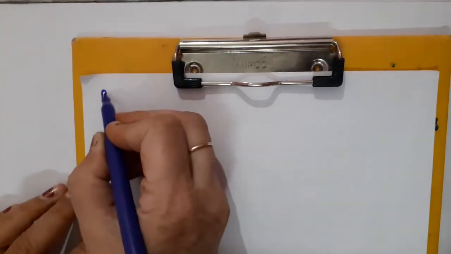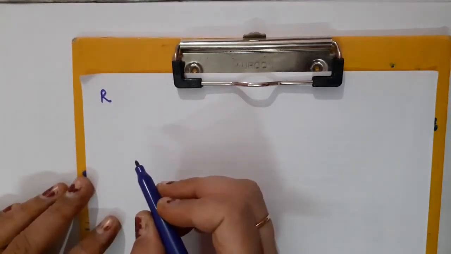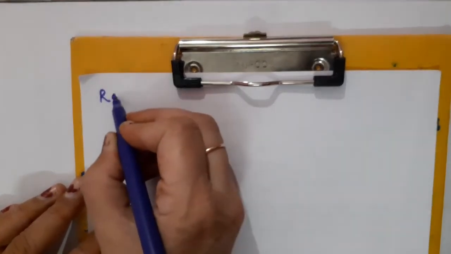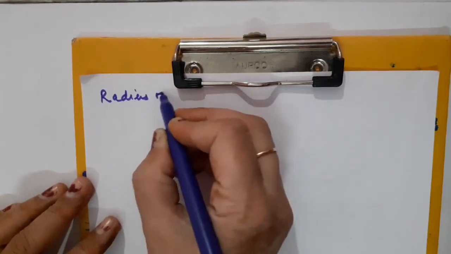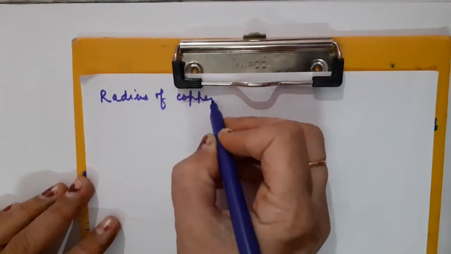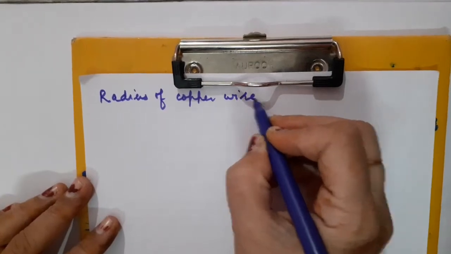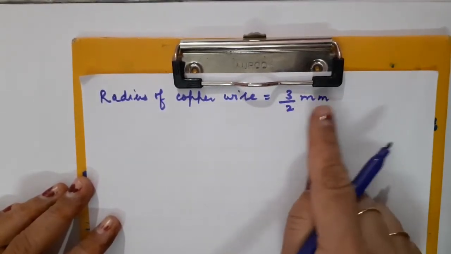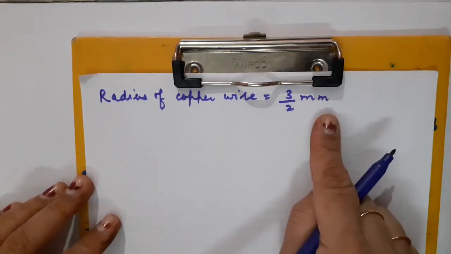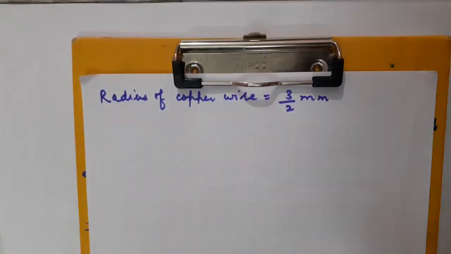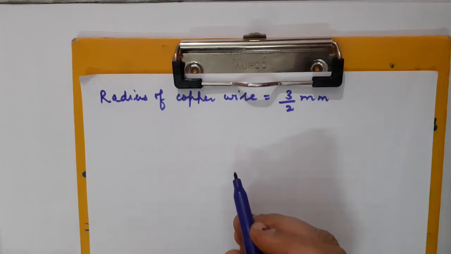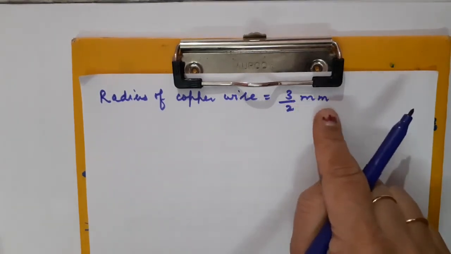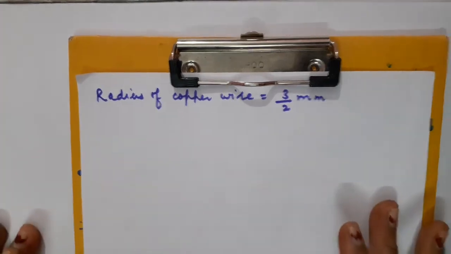So children, you know that mass of the wire must be equal to volume into density. So let us calculate the volume first of all. We will be having the radius of the copper wire given, that is equal to 3 by 2 millimeters. Why? Because 3 millimeter is the diameter. It must be divided by 2. As the density is given in cubic centimeters, let us convert this 3 by 2 mm into centimeters first.